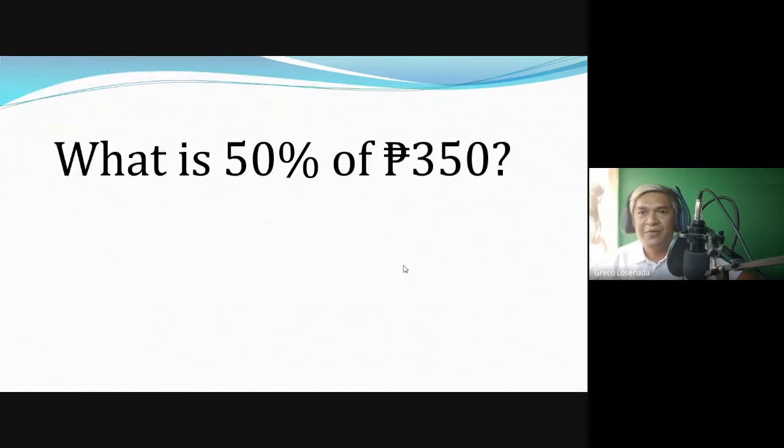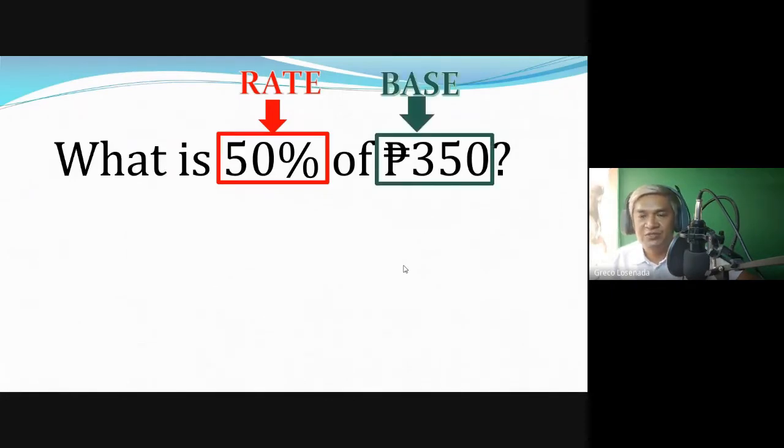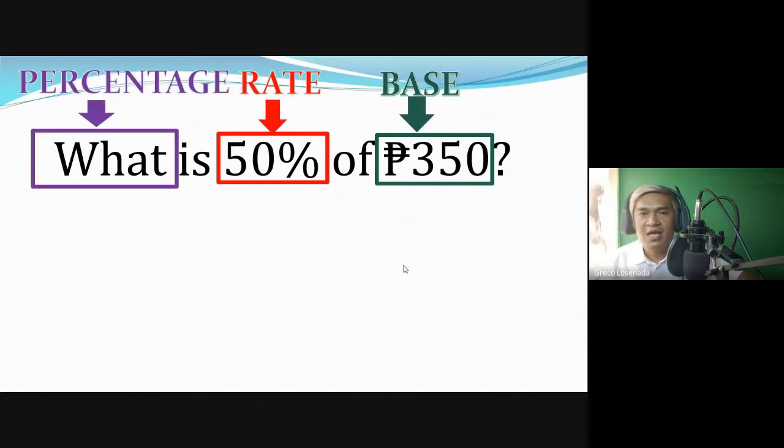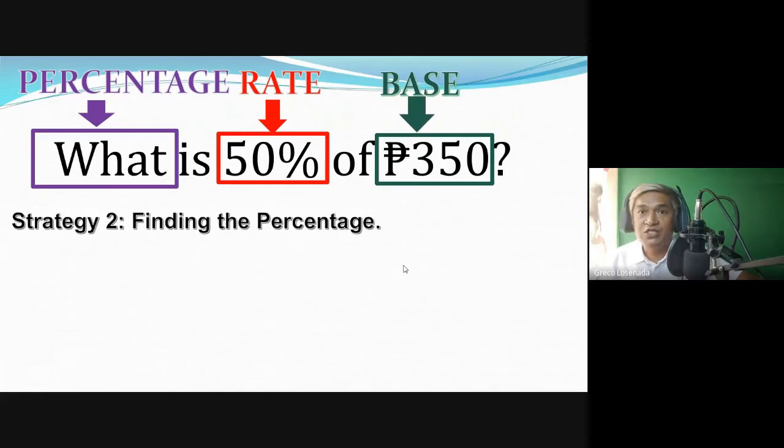What is 50% of 350 pesos? So the rate here is 50% and the base is 350 pesos. And the missing number here is the percentage. Let's use strategy 2 in finding the percentage.